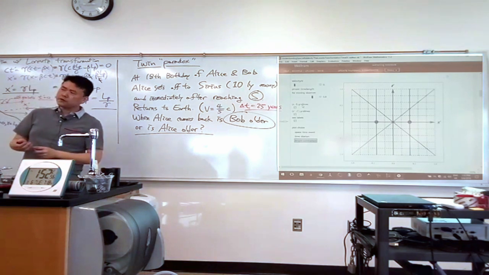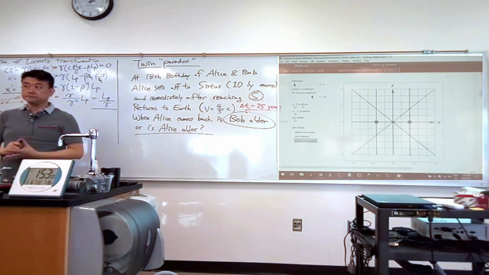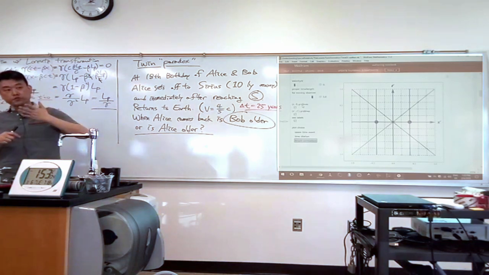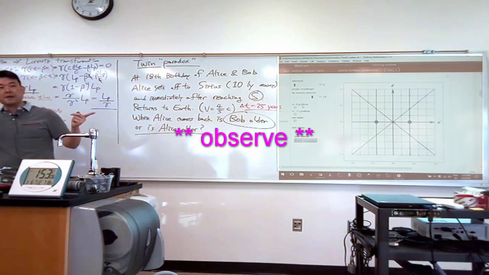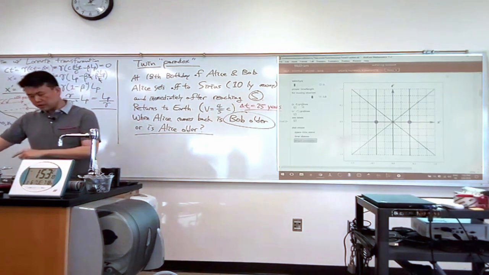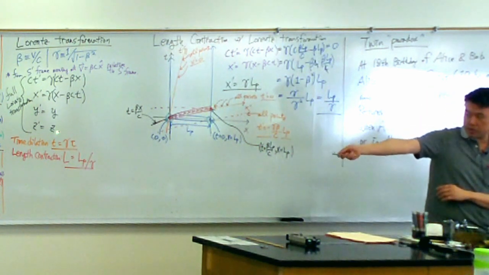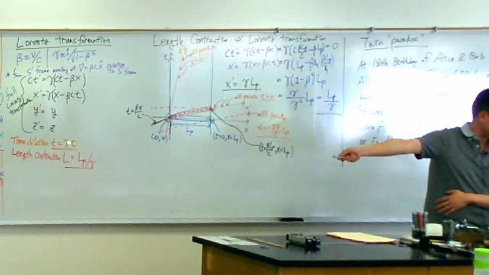Is this situation any different on the return trip? Does Alice see Bob aging faster than she is? Look at the expression carefully. The expression for time dilation involves gamma, right?